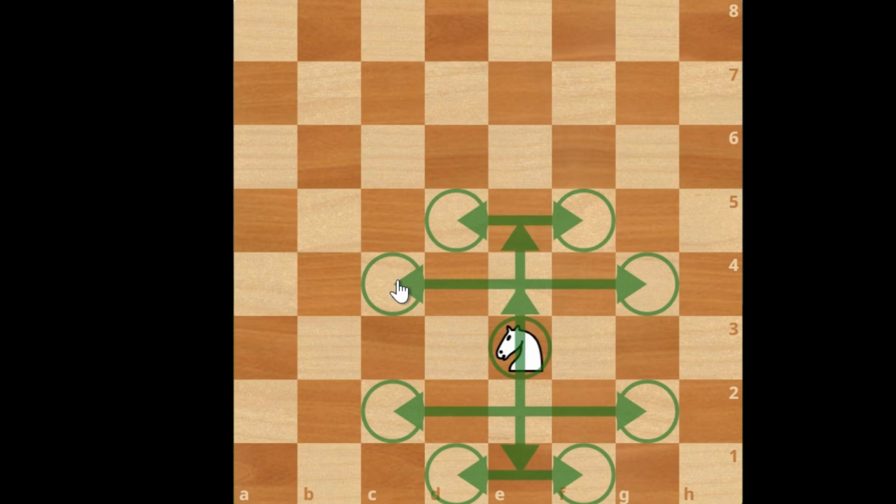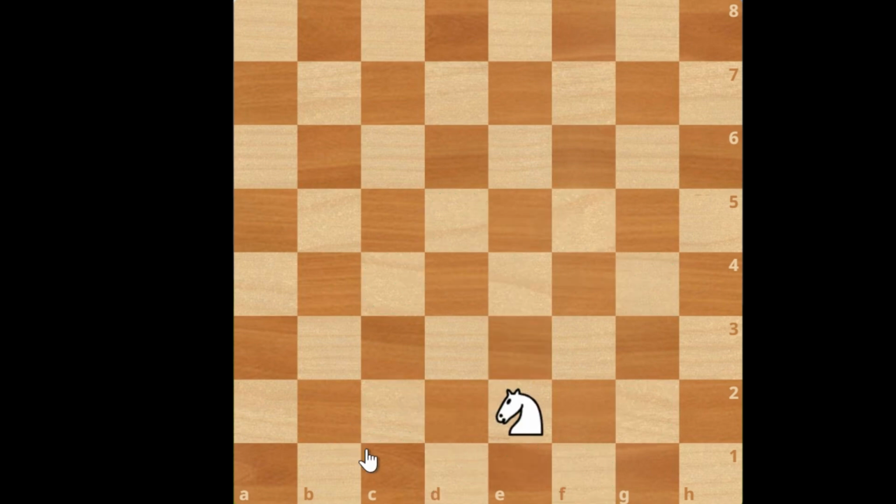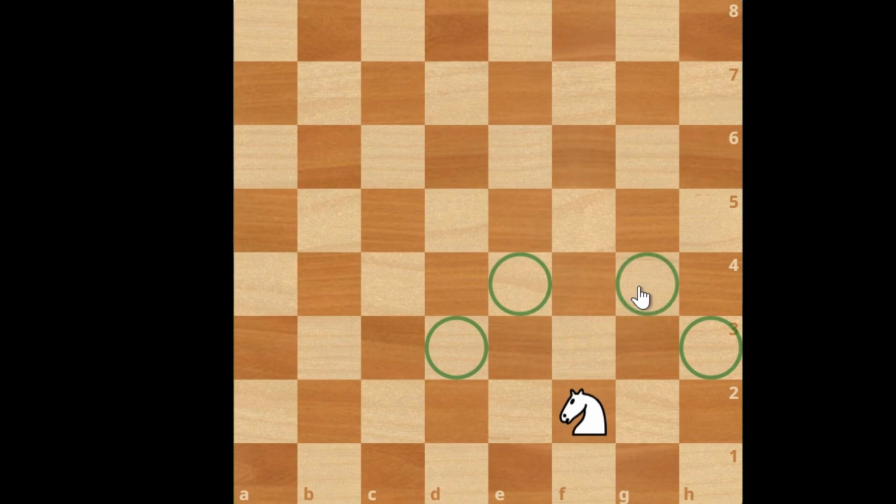When these eight squares are covered, it must be near the center, because if the knight is over here, using an L shape, it can only move to six squares right now. And right now also six squares.